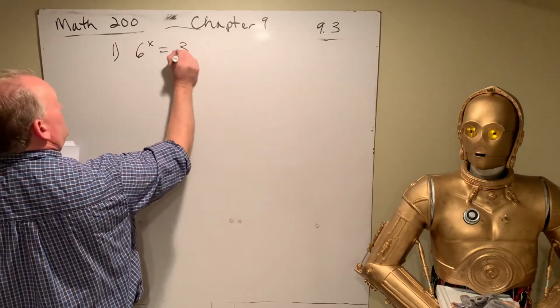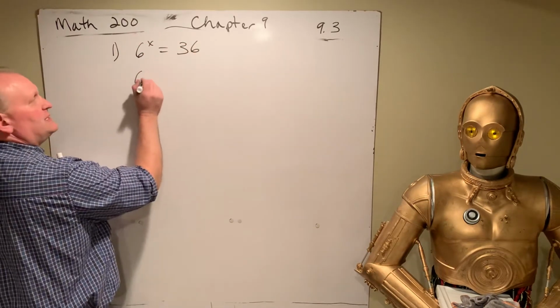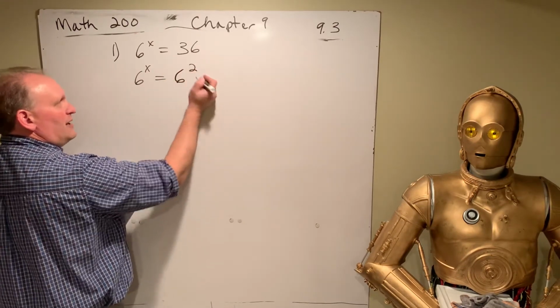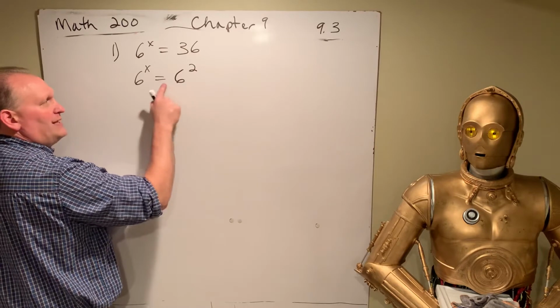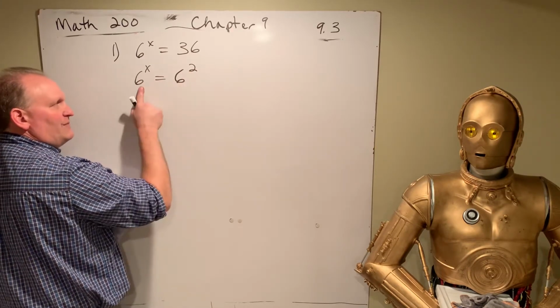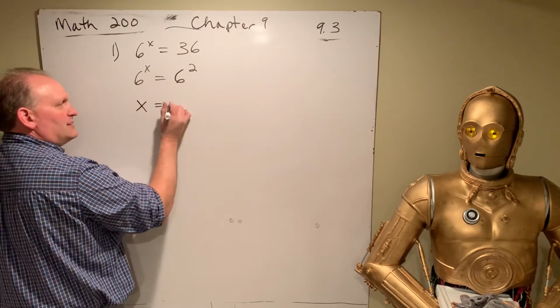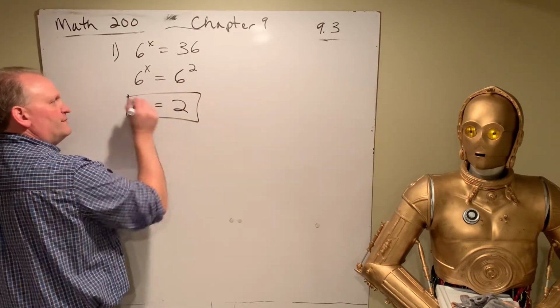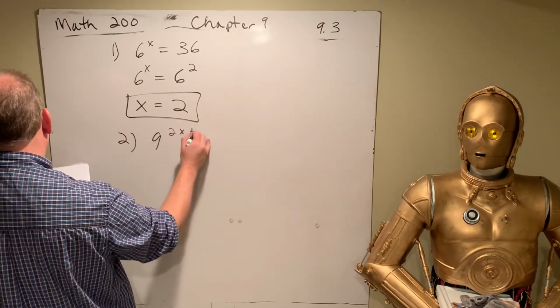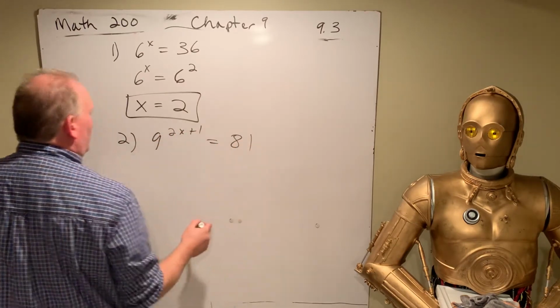6 to the x is equal to 36. Find x. Well, look, this one's easy. If I go 6 to the x and I go 6 squared is 36. Look, the only way that this could be true is if this power were the same as that power because they have the same bases. So basically, x is equal to 2. All right. Now here they're making it a little more challenging.